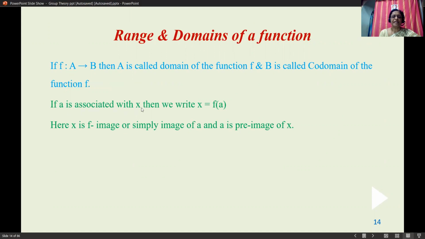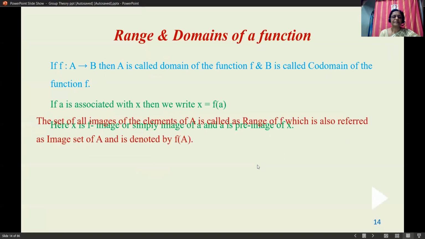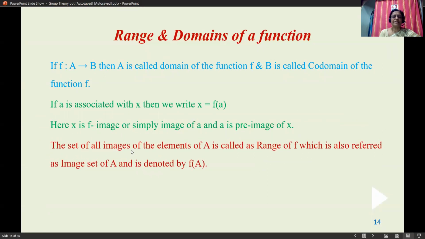If a is associated with x, then we write x is equal to f(a), or sometimes we say that x is the image of a under f, or simply the image of a, and a is the pre-image of x. The set of all images of elements of A is called the range of f, which is also referred to as the image set of A and is denoted by f(A).